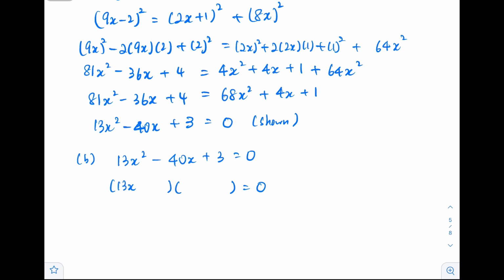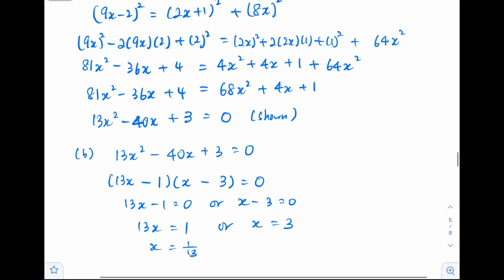Whether you use the multiplication frame or cross method, you will get (13x minus 1)(x minus 3) to give you back 13x squared minus 40x plus 3. So 13x minus 1 equals 0, or x minus 3 equals 0. Here I have 13x equals 1, so x is 1 over 13, or x equals 3. These are the two possible answers that we can get.